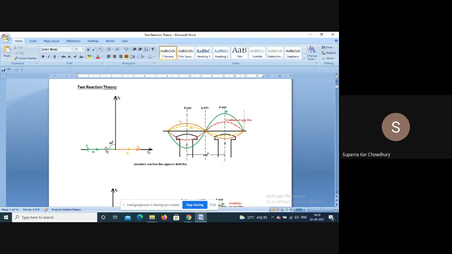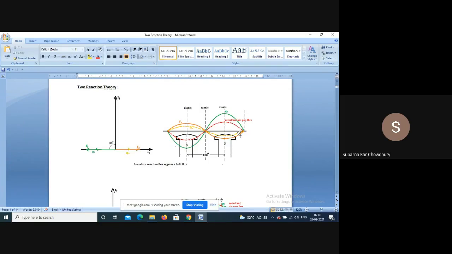This is our excitation MMF FF, which is inducing an EMF EF lagging it by 90 degrees. Now the current which is flowing, IA, suppose it is lagging EF by 90 degrees. So FA is in phase with IA. FA divided by the reluctance of the flux path will give you phi A.